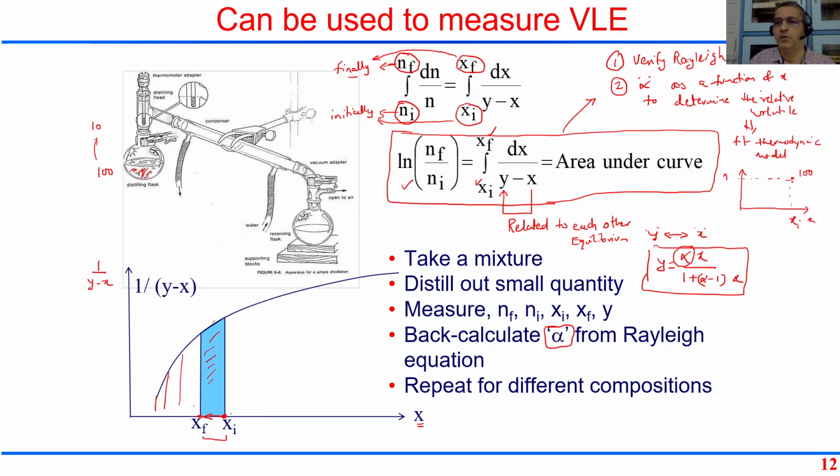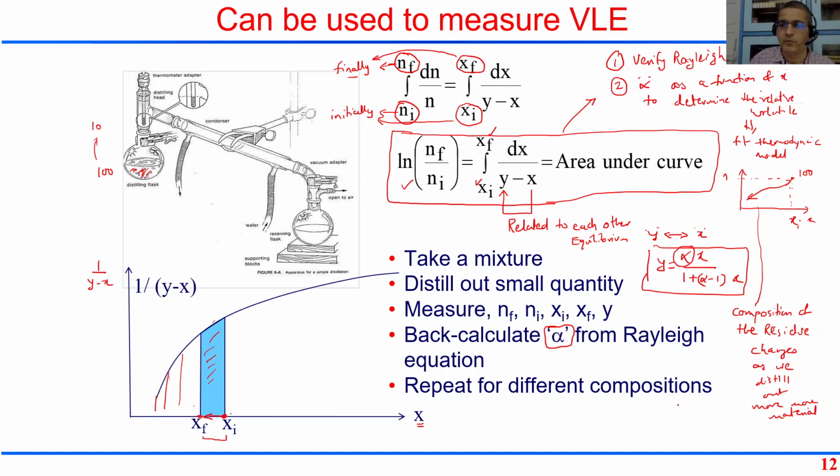Now we distill out 10 moles, we find out what the remaining x is. We distill out 10 more moles, we find out what the remaining x is. We distill out 10 more moles, find out then what the value of x is. So we can find out how the composition of the residue changes as we distill out more and more material.